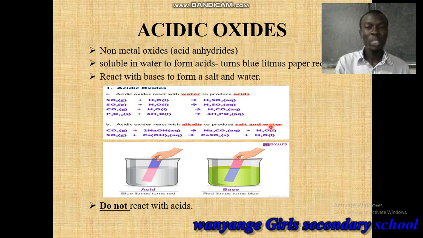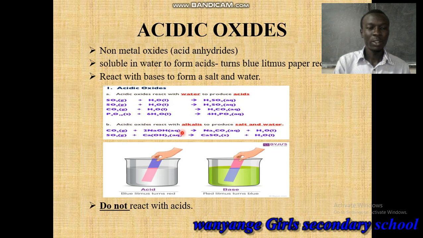So your only task is to know which salt you will form, depending on the base that you are using. For example, carbon dioxide is an acidic oxide, and it reacts with sodium hydroxide, which is a base, to form sodium carbonate and water. The sodium carbonate is the salt.